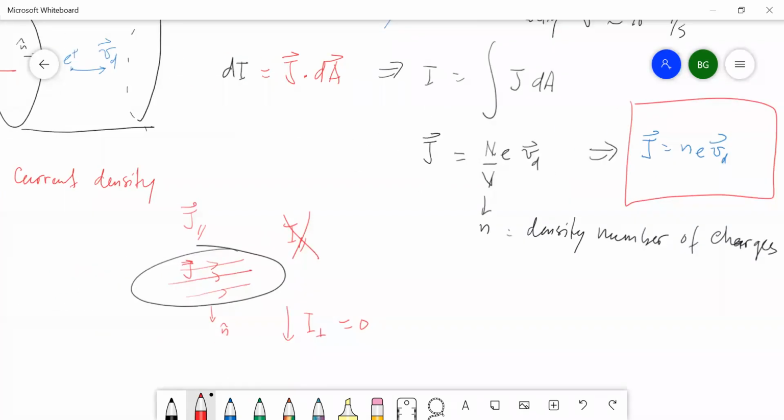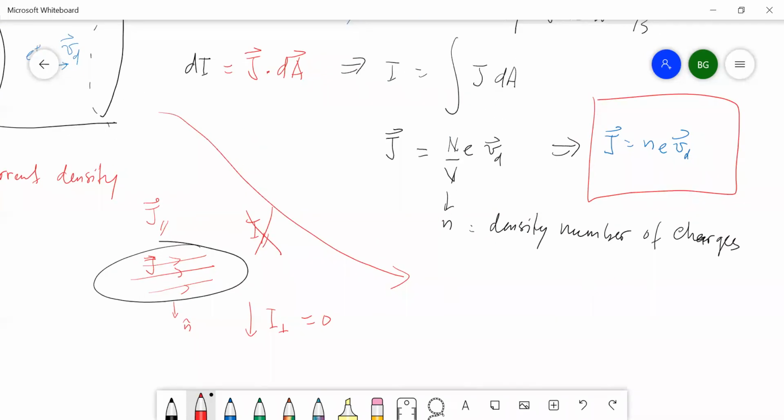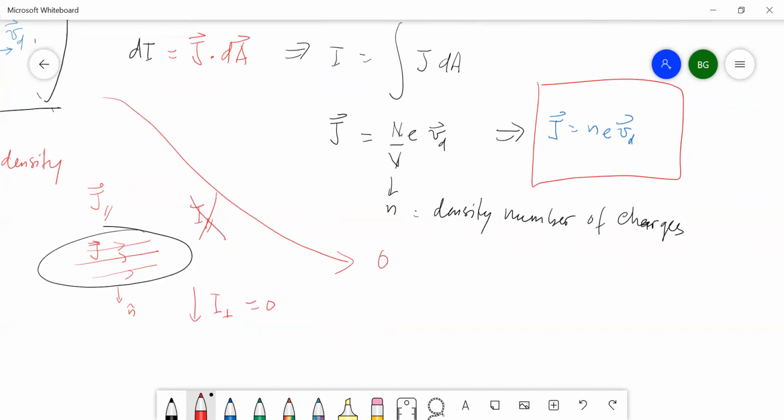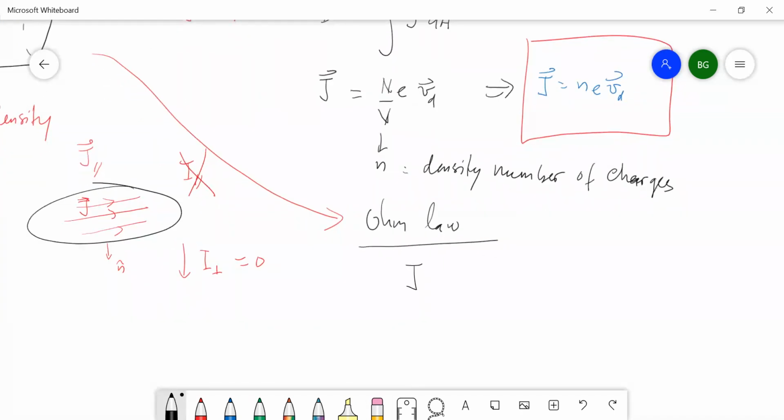So in the conductor, this is a special case here. We call it Ohm's law. He's a German physicist. Ohm's law states that, according to his experiment, this current density is proportional to the E, okay?